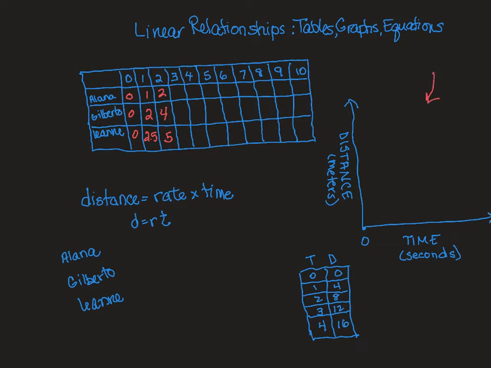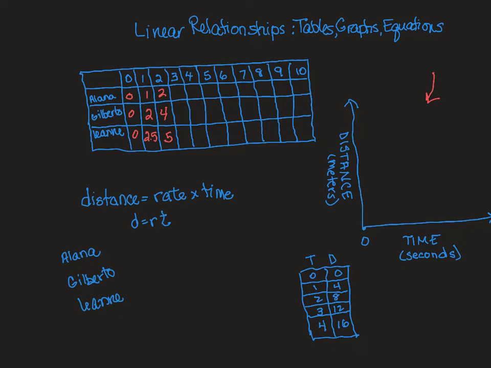So in A, the first thing you're going to do is make a table. The second thing you're going to do is graph. You're going to use 3 different colors, one color for each student walker.